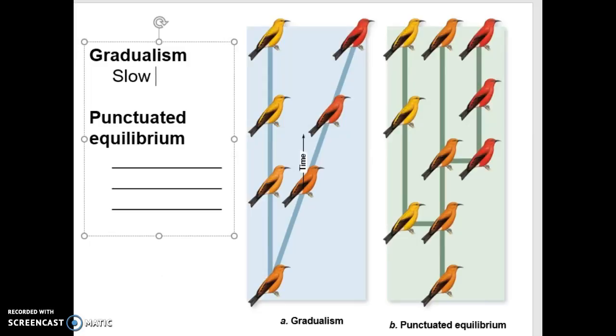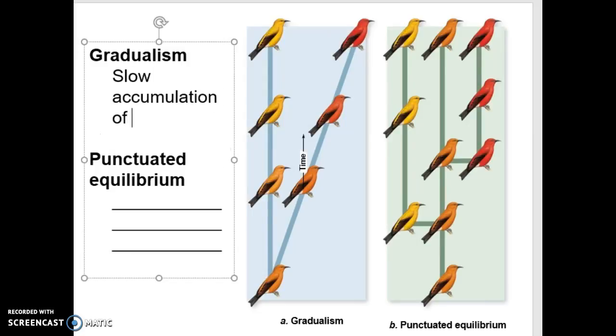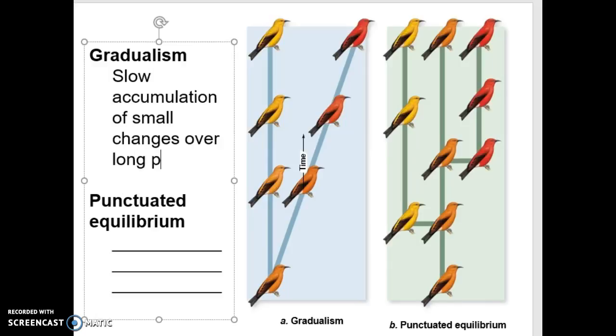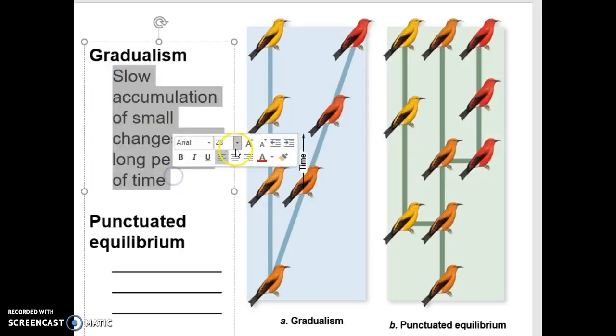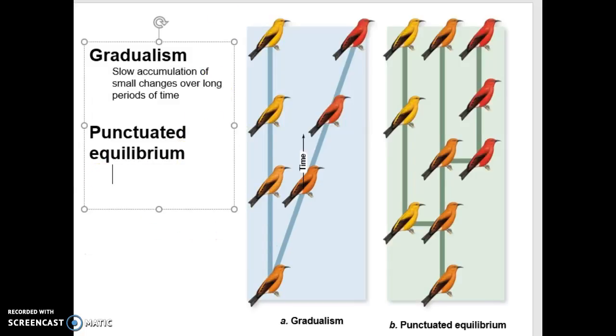This is where there's a slow accumulation of small changes over long periods of time. So small, little, minute accumulation of differences over long, long periods of time that eventually lead to differences.